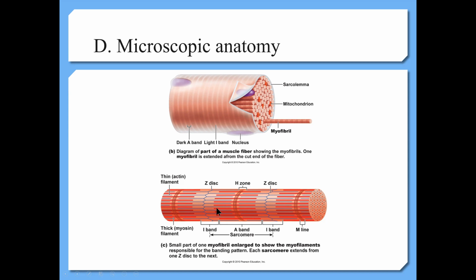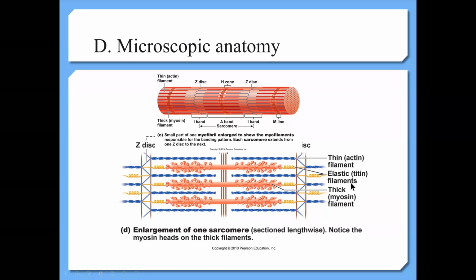The A band contains the thick filaments all the way across, and portions of it contain both thick and thin. The H zone only contains the thick filaments, and the M line is where the thick filaments attach. The Z disc, this actual disc right here, is where the actin, the thin filaments, attaches. We're going to go over that in detail.